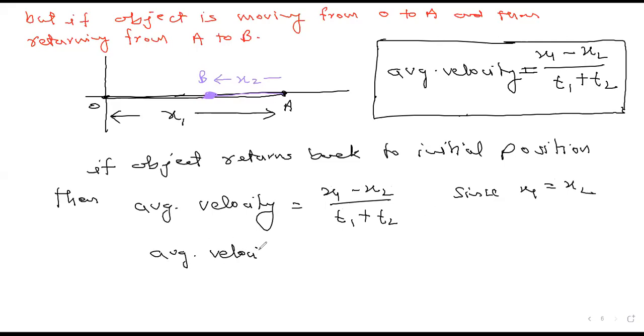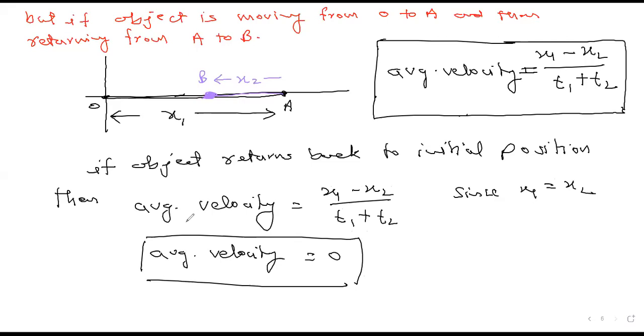Notice the minus sign you put only once. Now you can see that the object is in motion, but in spite of that its velocity is 0. Reason? Because it has returned to the original position. Average speed can never be 0, but average velocity can be 0. Displacement can be 0.